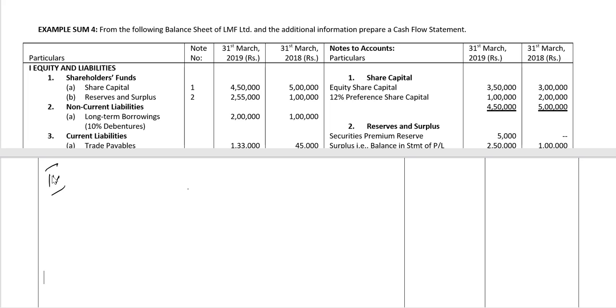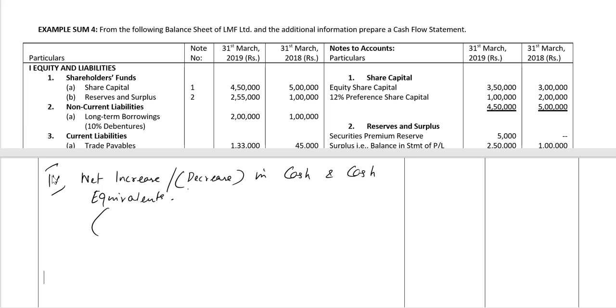Roman number 4, net increase or decrease in cash and cash equivalents. In the case of operating activities, plus 3,01,000.